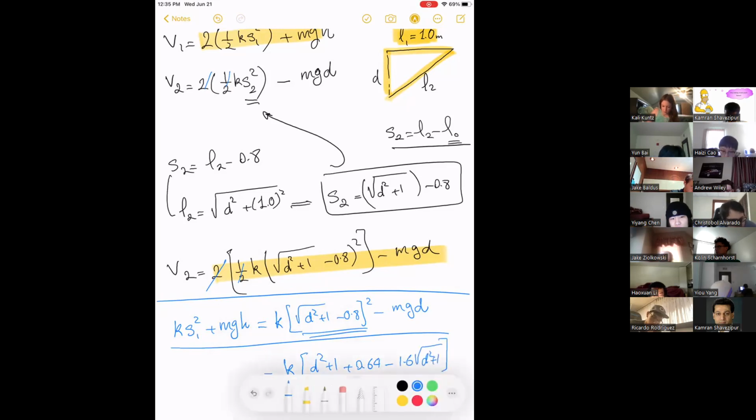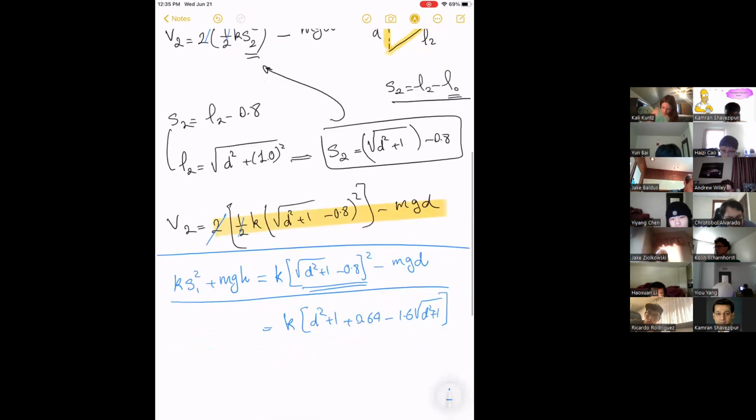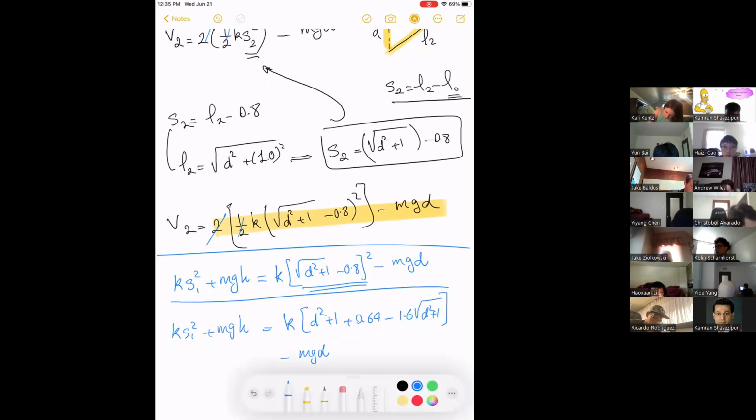This is the whole thing, minus mgd, and the other side is k s1 squared plus mgh. Now, if you look at this equation, s1 we calculated already, 0.2, h is given, the k value is given, the only unknown is d, which appears here, here, and here.